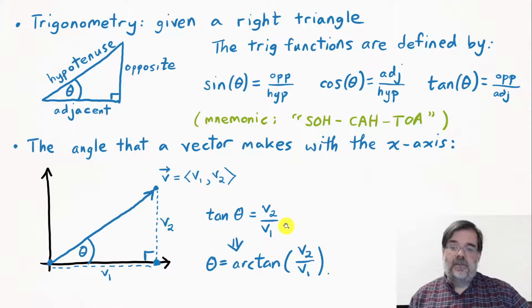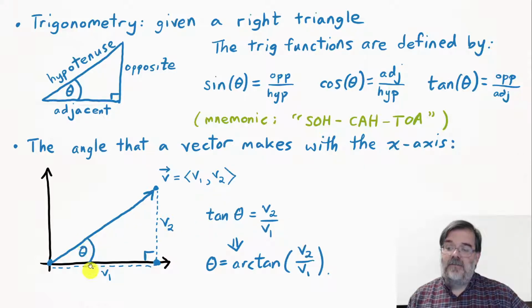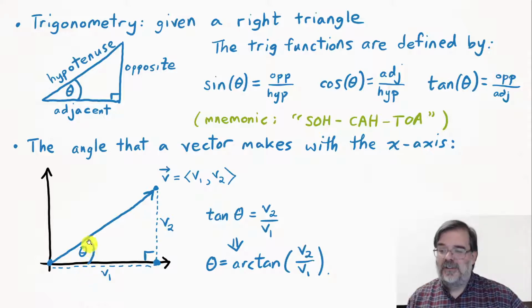Or, if you're a fan of slope, the tangent of this angle is the slope. There's a really close relationship to directions, right? The slope is just the tangent of the angle that it makes. Now, if you want to solve for the angle, you can use the arctangent or inverse tangent.